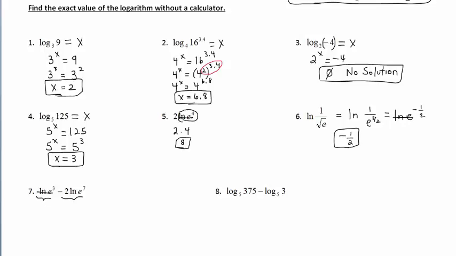Natural log of e, undo each other, we're left with 3. Bring down the minus, natural log of e to the 7. Well, we still have the 2 in front, but the result of simplifying this expression right here is 7. 3 minus 14, final answer, negative 11.